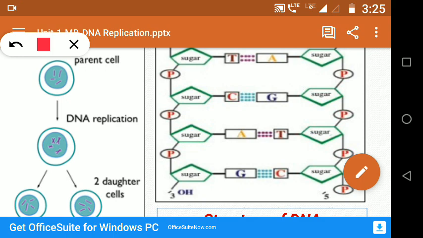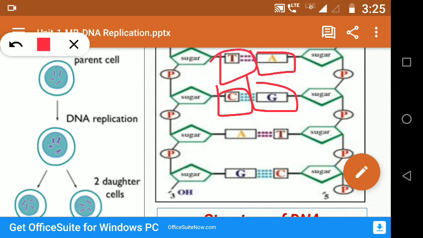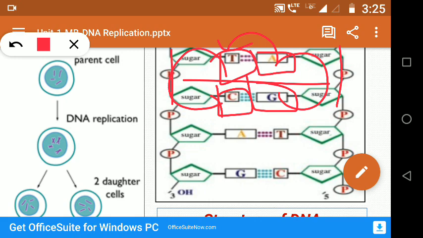So here you can see that the size of A and G is more than C and T. So that is why the distance between these two strands will be always equal, because a purine is interacting with a pyrimidine. No purines will interact with each other, no pyrimidines will interact with each other.